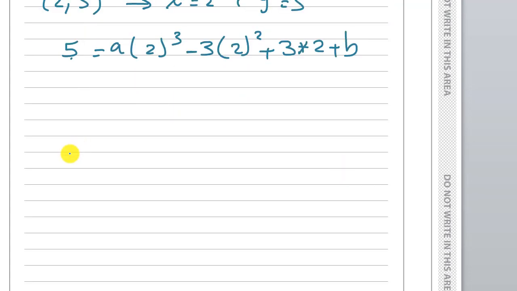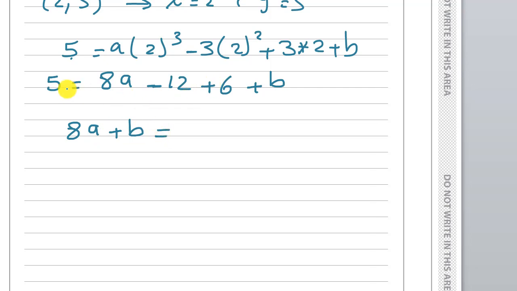So the first equation is 8a minus 12 plus 6 plus b. So 8a plus b equal to, this is minus 6, to come this side positive, 5 plus 6 is equal to 11. So this is the first equation.